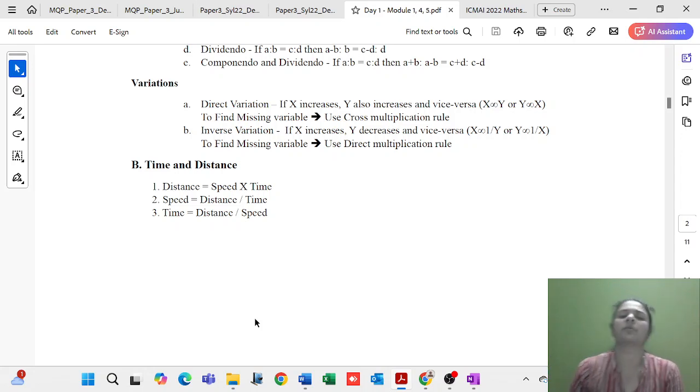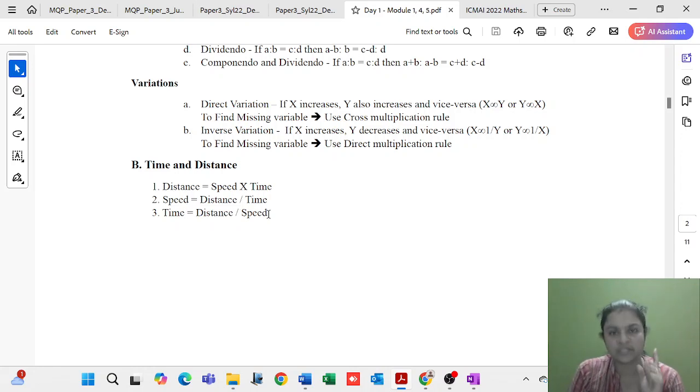And there are only three formulas that you will remember. Basically only one formula, and the formula has three different versions. The formula goes as distance is equal to speed into time. Distance is equal to speed into time, or speed is equal to distance by time, or time is equal to distance by speed.